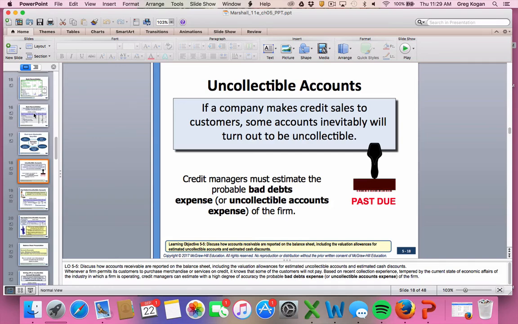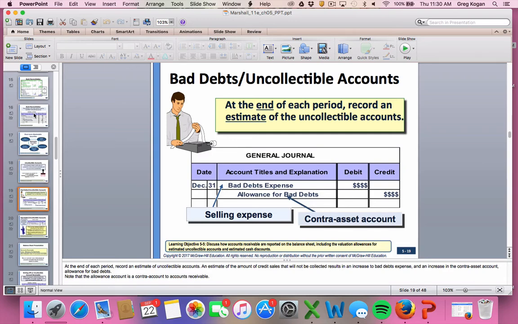Now, accounts receivable is an account that we all know what that is technically, and as the journal entry we looked at it, but how do you work with accounts receivable when you have an uncollectible account? This is something that could be past due, and what you do is you have an expense called bad debt expense and what is called an allowance for bad debts.